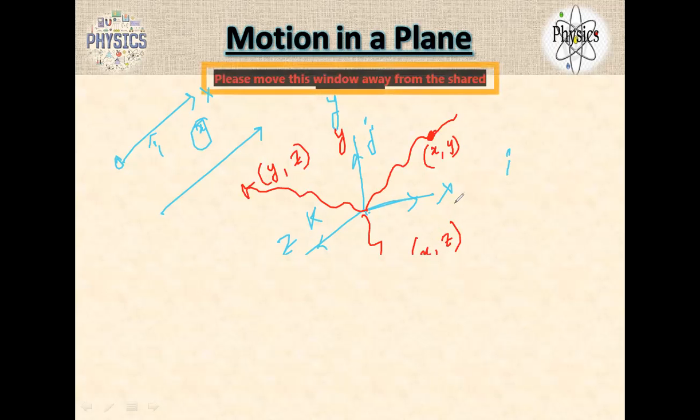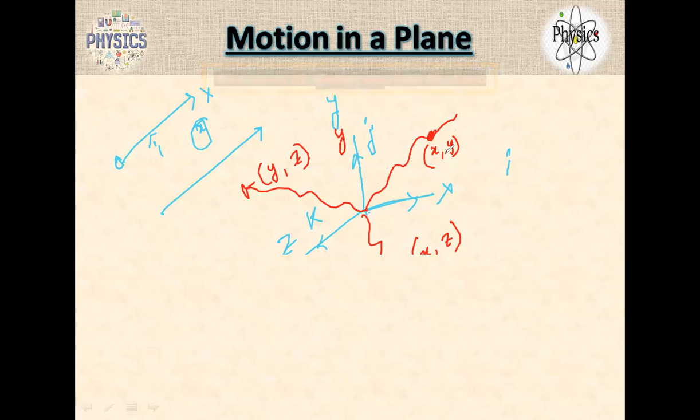The motion in 2D, we call it a motion in 2D, or motion in a plane, because it's a plane, right? So it's not like a linear motion. It is a motion in a 2D plane, like xy, yz.